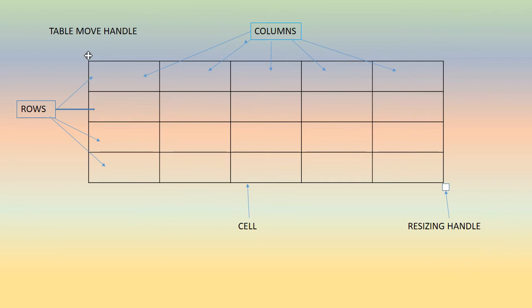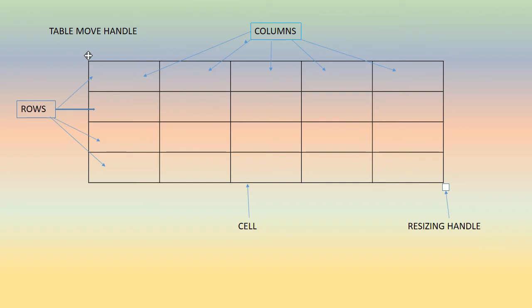These horizontal lines in which you can store the data, you can store the information, are known as rows. It is indicated by the arrows. And then these vertical lines are known as columns. So you can store your information row wise and column wise both.